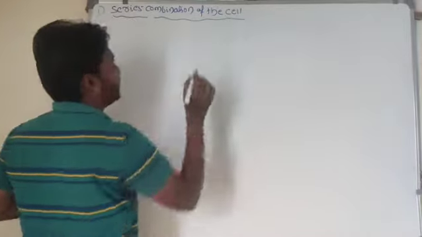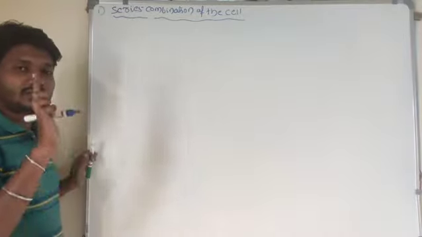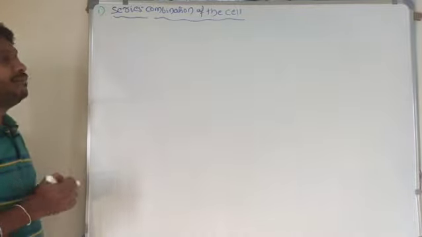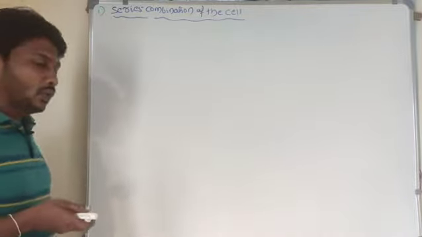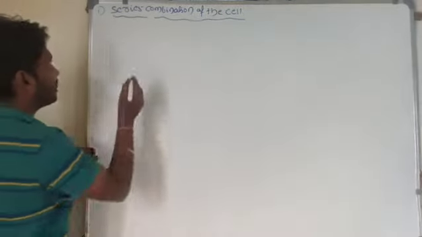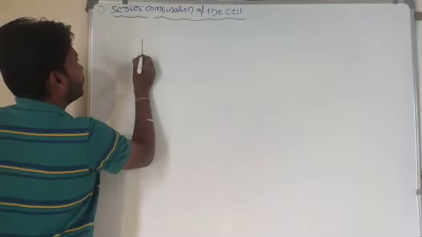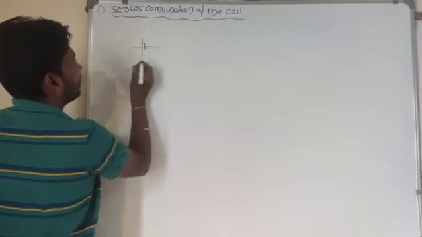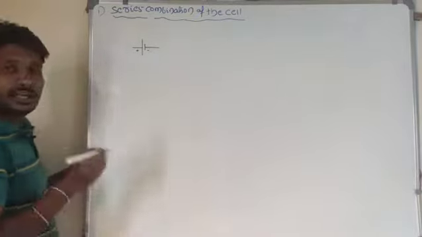Hope you know about the cell. It consists of two terminals, one positive terminal and another negative terminal. For example, if I take two or more cells here, this is the positive terminal of the cell and this is the negative terminal.